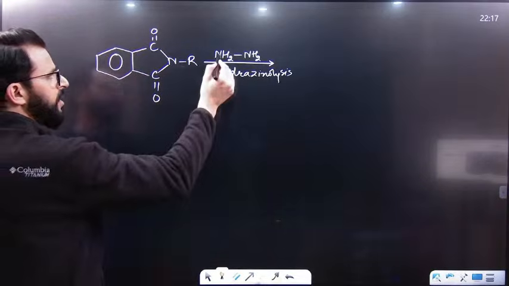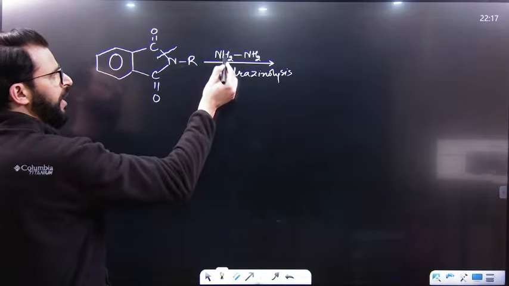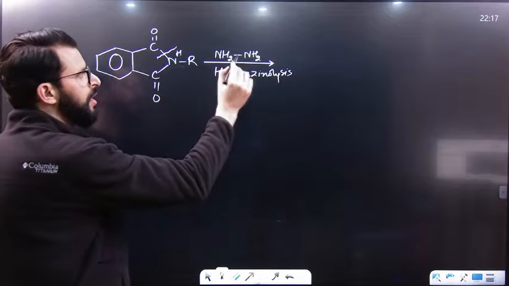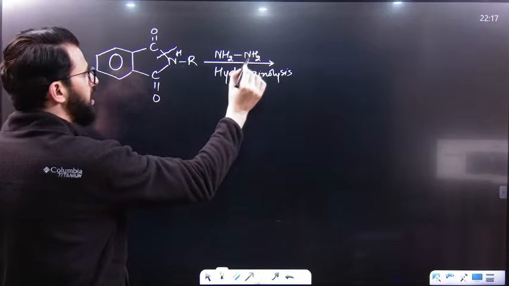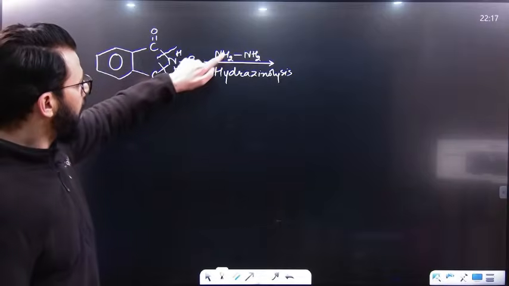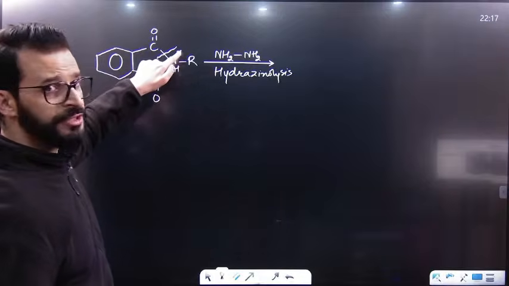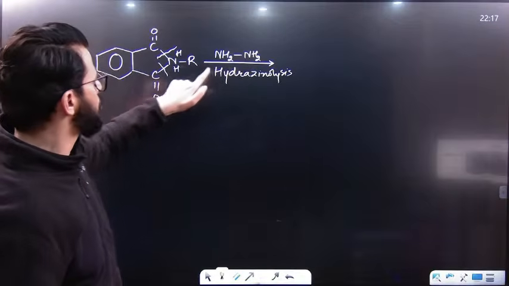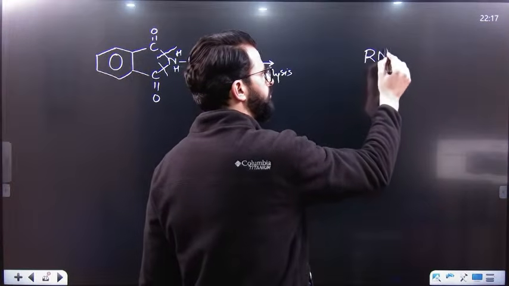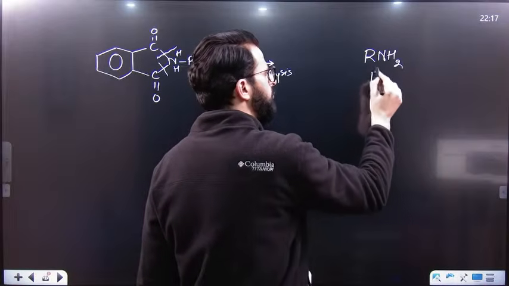What will happen? Break this bond, hydrogen from this nitrogen goes to this, that means it remains as NH. Another hydrogen from the other nitrogen will go once again. That means once again a primary amine will be obtained.